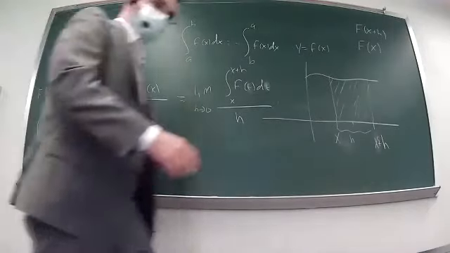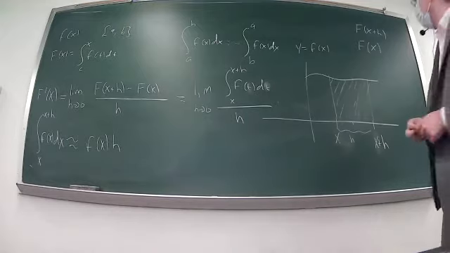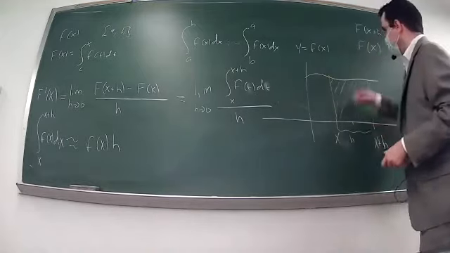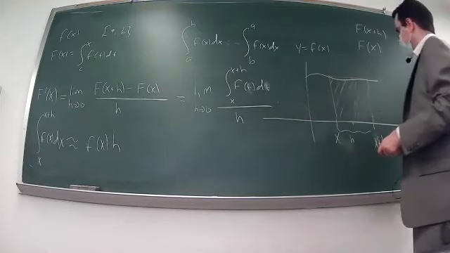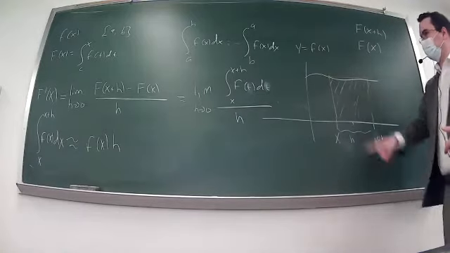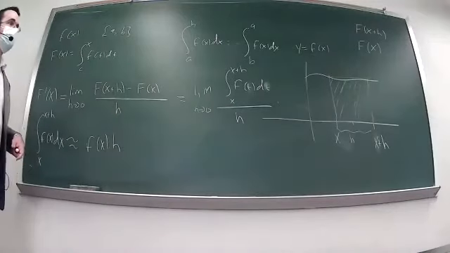So to draw a picture there, so that you can see what I'm doing, I'm taking this left endpoint, f of x, just using that as my height. And then I'm approximating the area as base times height, so h times f of x.